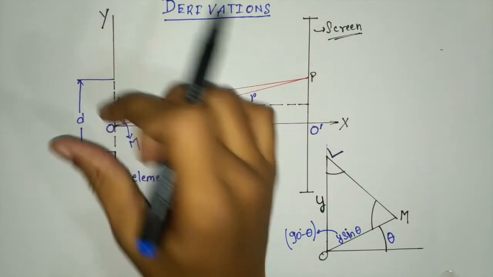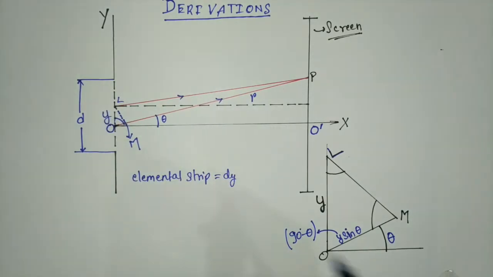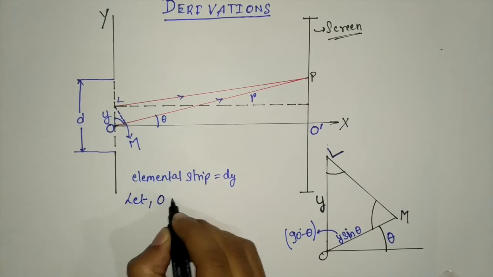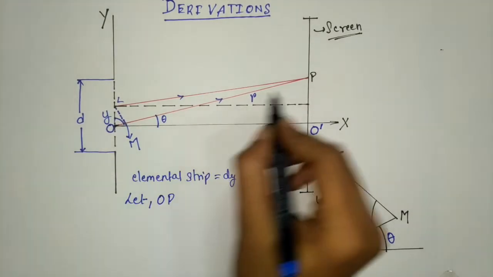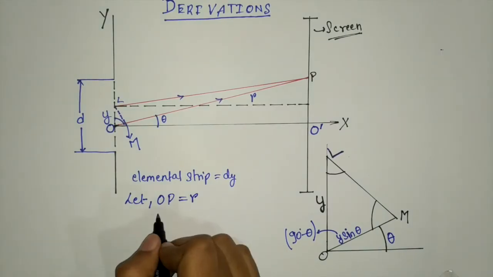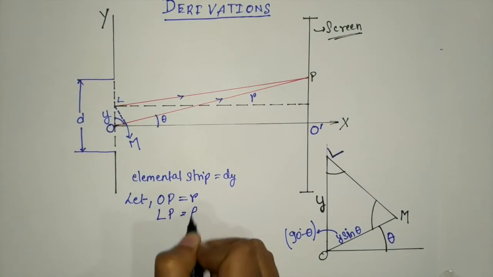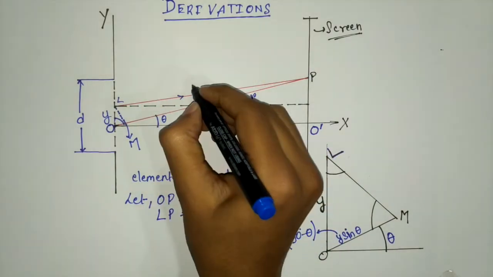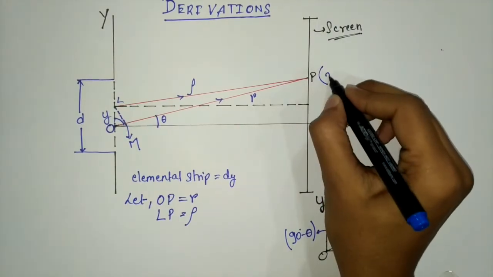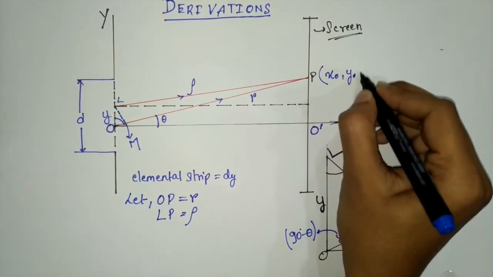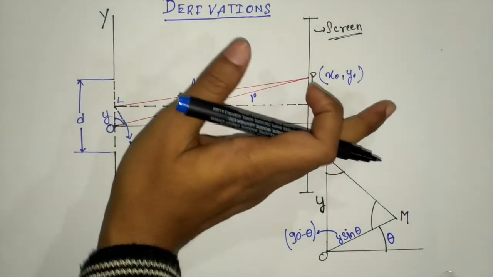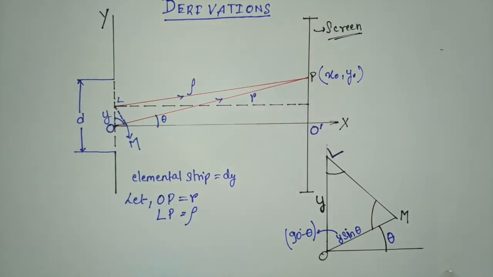You can see this distance is y, and let the distance OP equal to R, and LP equal to rho. So let this distance be rho, and the coordinates of P, let it be x0, y0. This is the x-axis and this one is the y-axis.